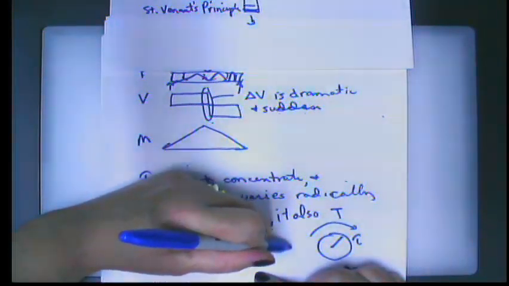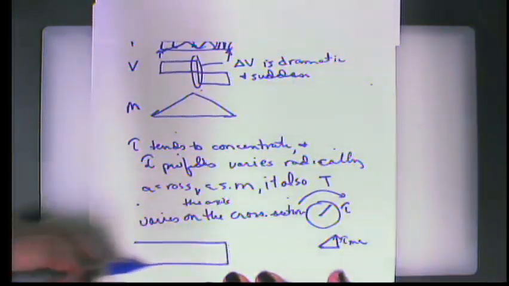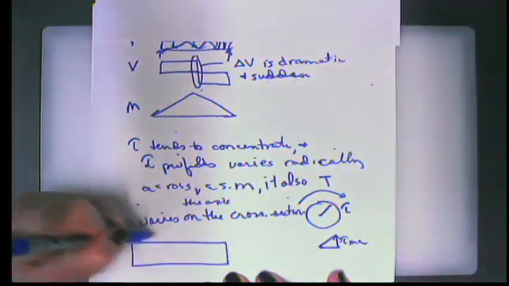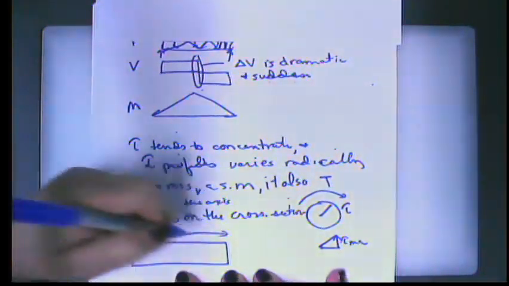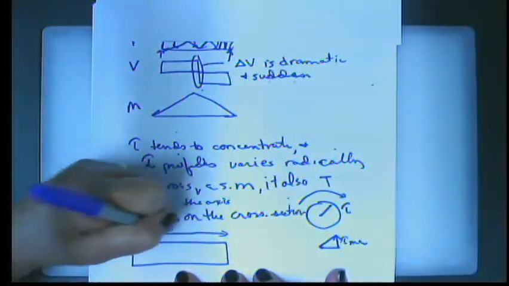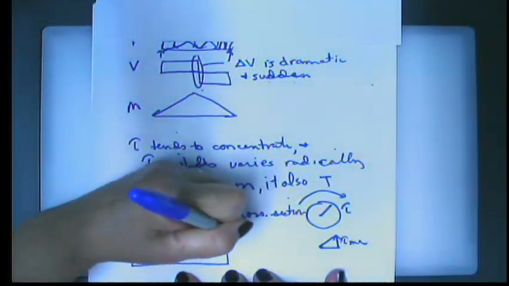If you think about what that means geometrically, if we have some sort of a structural member and tau changes across here, so tau at 0 is not equal to tau in the middle, is not equal to tau at the end.